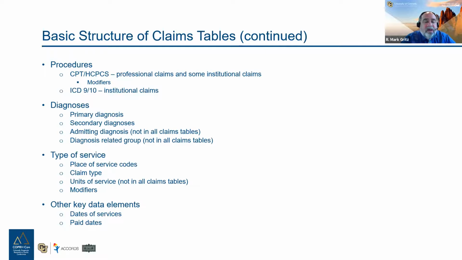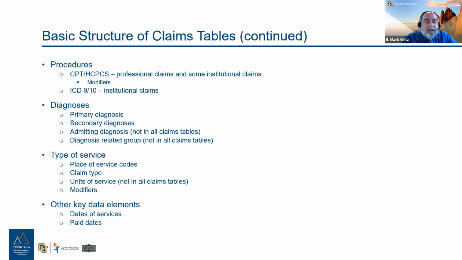There are also ICD-9 and 10 procedure codes that are primarily used on institutional claims, particularly hospitals and ambulatory surgery centers will often use ICD procedures as part of their claim submission.